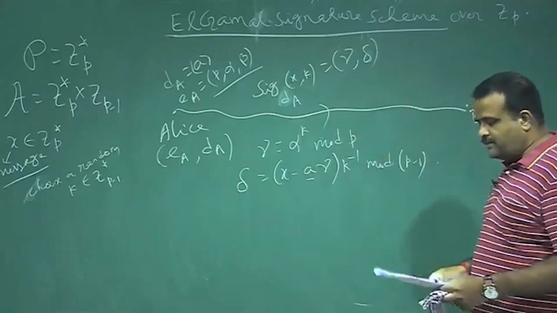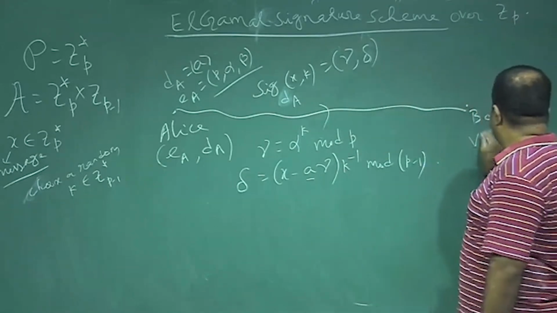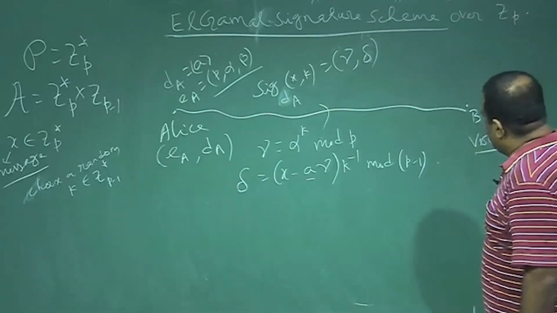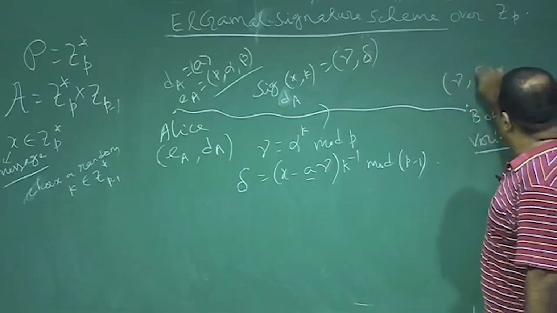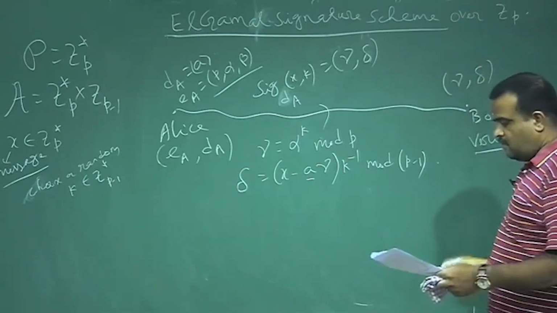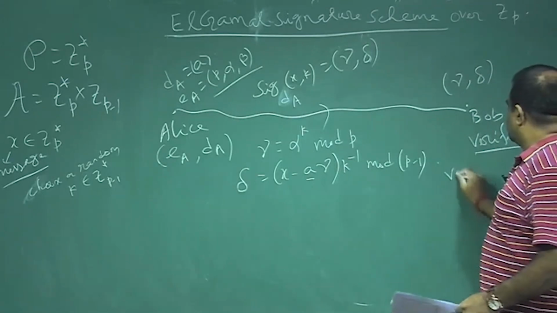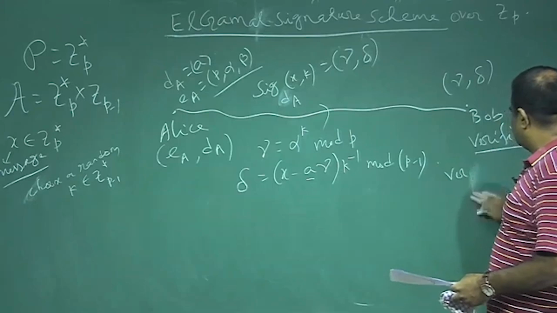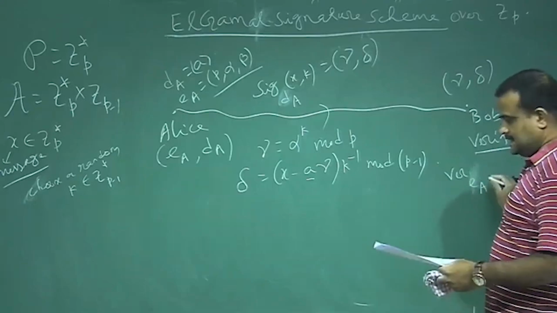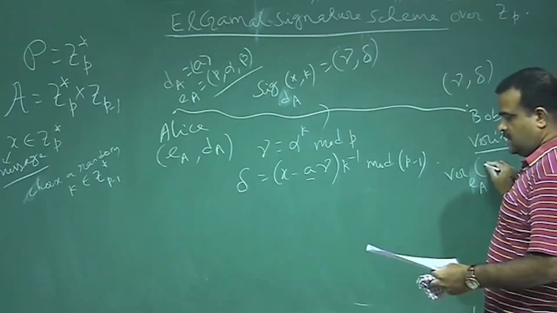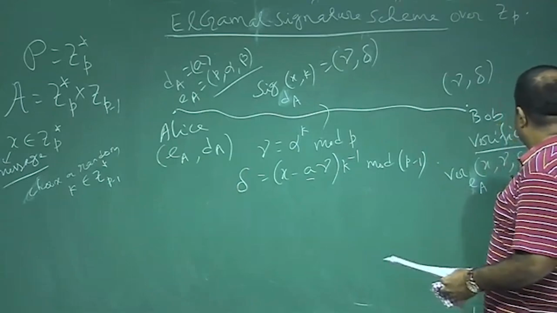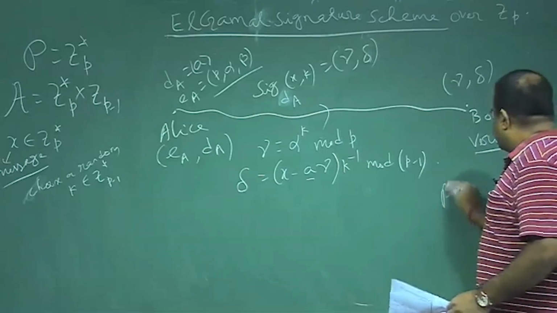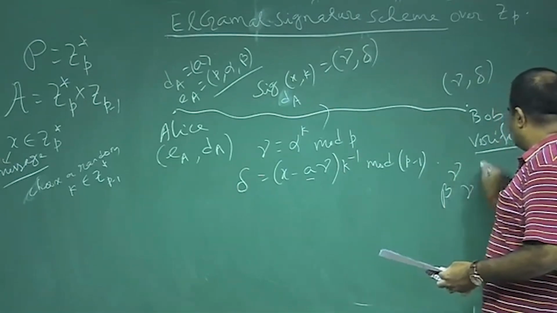Now, how will Bob verify? Bob is receiving this gamma and delta. Bob will use the public key of Alice, along with x and delta, and compute beta to the power gamma times gamma to the power delta.